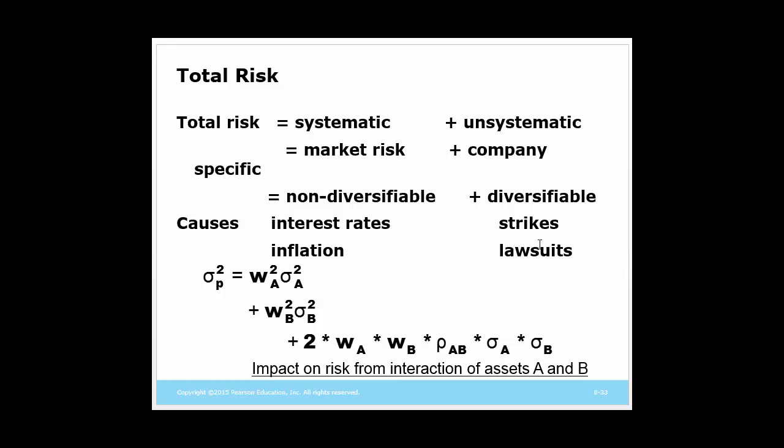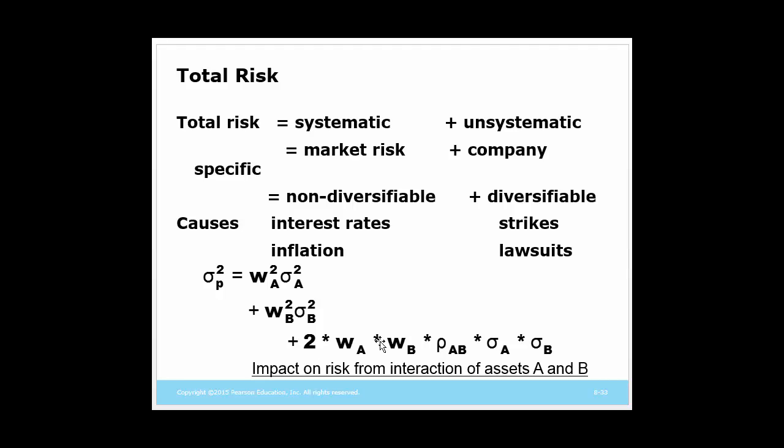So if you have a portfolio with 20 to 40 assets in it, what's the chance that every single one will go on strike or have a lawsuit? Very little chance of that. So some may, some won't. So those things statistically get averaged away.